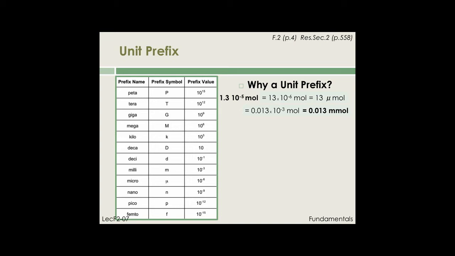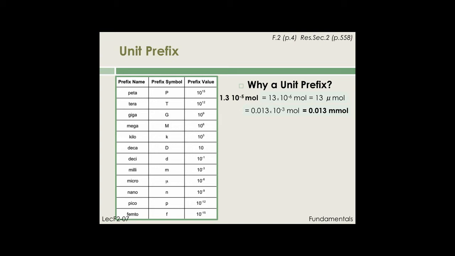So we are using prefixes to shorten the representation of numbers, using specific prefixes to represent specific powers of 10. The availability of prefixes based on the power of 10 is one of the many advantages of SI units over other systems of units.